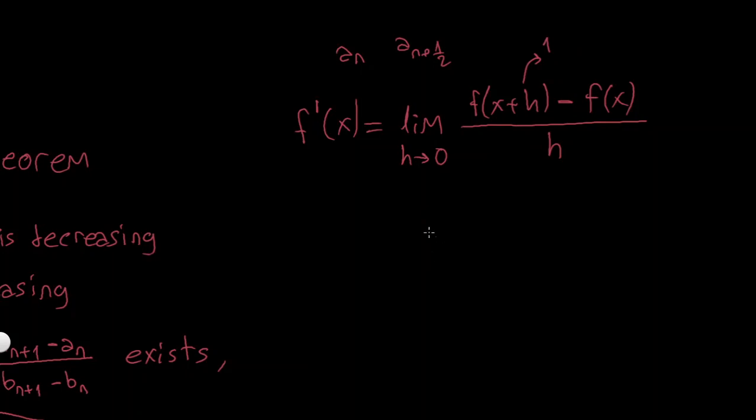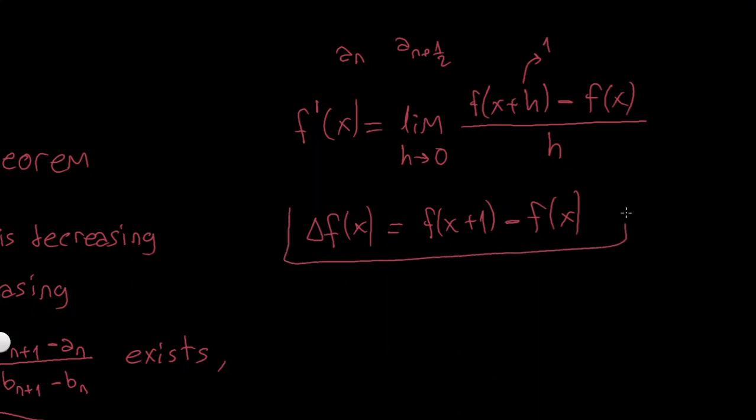So what would happen if we pick h equal to 1? I would have f of x plus 1 minus f of x over 1, h is 1, so I'm not going to write that, and there is no limit. So this is just equal to this thing, and we define this thing as delta f, or delta f of x.